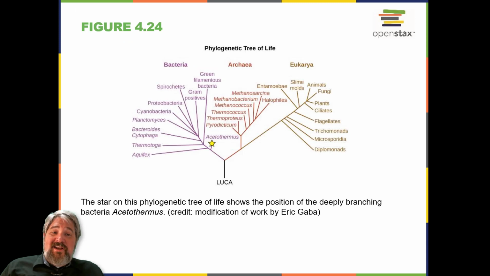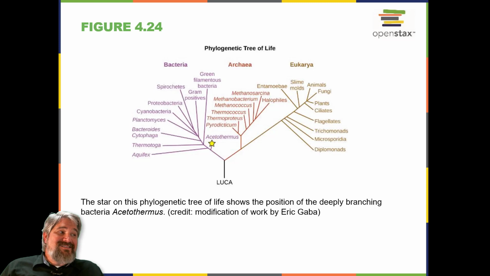On a phylogenetic tree, the trunk or root of the tree represents a common ancient evolutionary ancestor, often called the last universal common ancestor, or LUCA, and the branches are its evolutionary descendants.